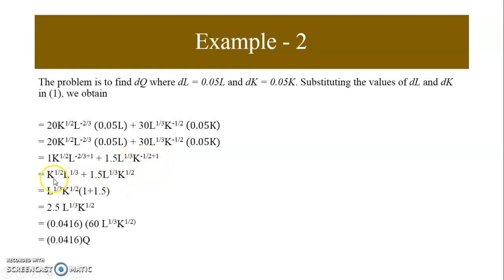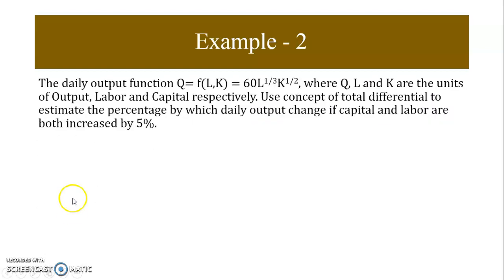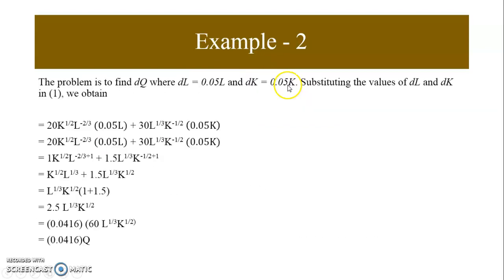Okay, now you can take K^(1/2) and L^(1/3) as common. So when you take this common, this is 1 plus 1.5. So this is 2.5. But your original production function is 60L^(1/3) and K^(1/2). So you need 60 here. So you'll multiply this with 60 and divide by 60.